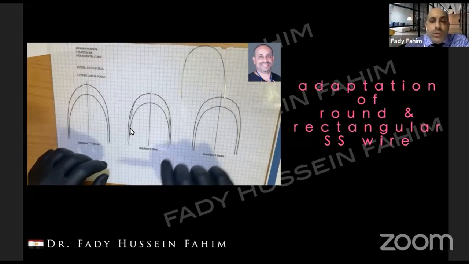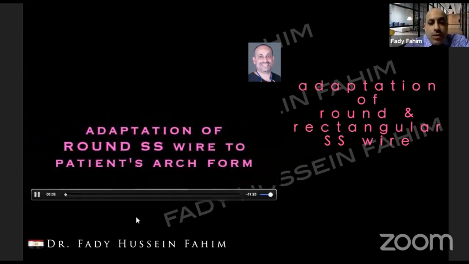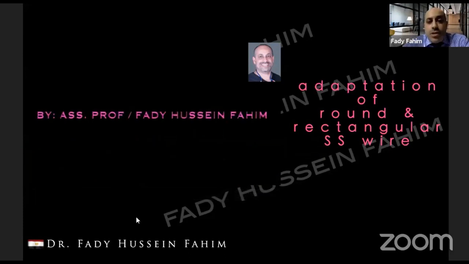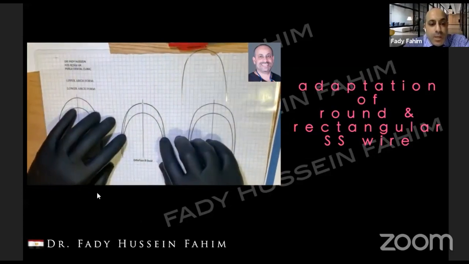So when transferring from the nickel titanium to the stainless steel wires, you have to be very meticulous in customizing your arch form, because with the stainless steel, the teeth will obey exactly the shape of the stainless steel. So here is how I do the adaptation of the round steel wires. Usually the round steel wires are not stiff, so most of the adaptation I will do with my hands.